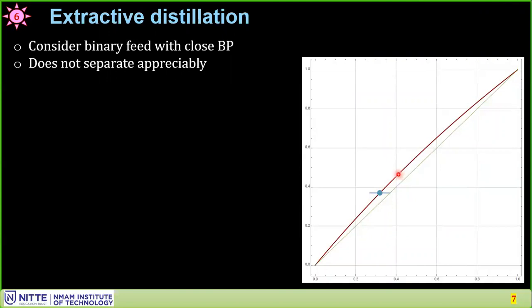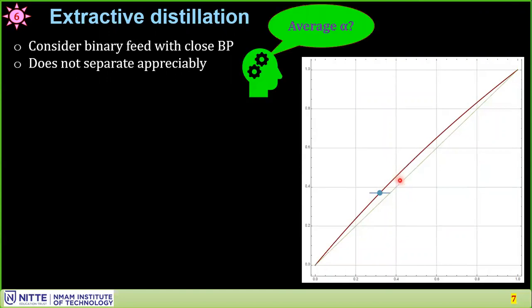It is very close to the diagonal line. Now think about the average alpha, that is relative volatility. What can you tell about the separation factor when the average alpha is close to 1? Think about it. You can pause the video and come back after thinking about it.